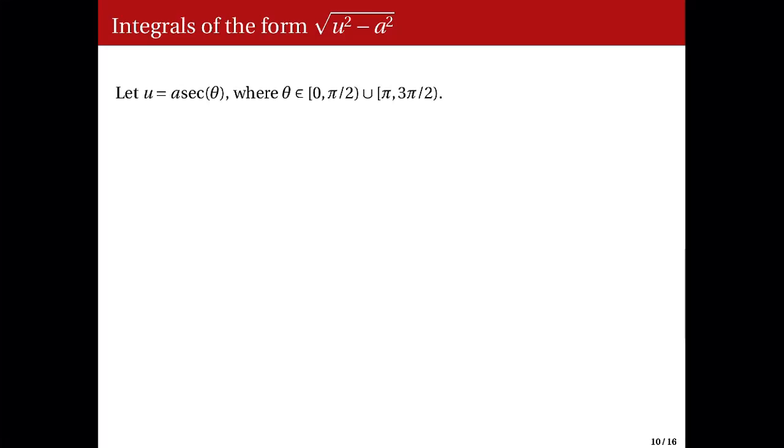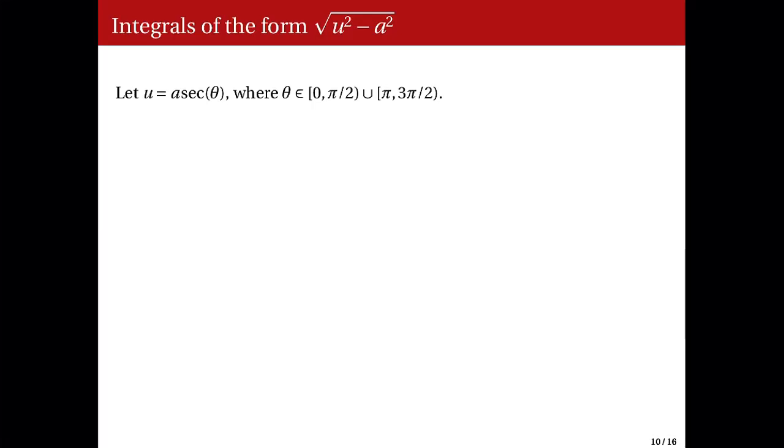And this time, theta will be in the interval 0 to pi over 2, including 0 but not pi over 2, or pi to 3 pi over 2, including pi but not 3 pi over 2. If you look at this on your circle, this is the first quadrant and this is the third quadrant. We need the first and the third quadrant.